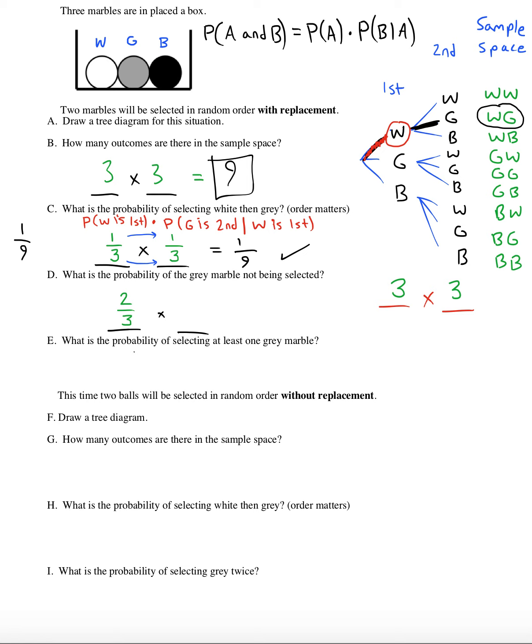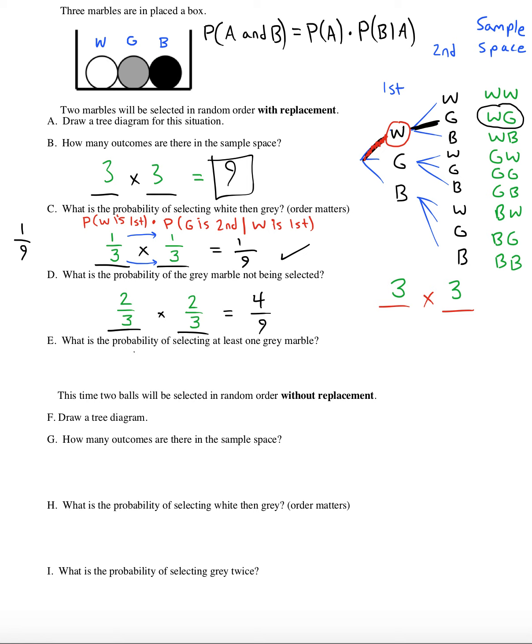And then assuming that we don't get it, what is the chance of the next one not being gray? It reduces to 2/3 as well. And so our answer here will be 4/9. It's a fast method for finding probabilities without using a tree.